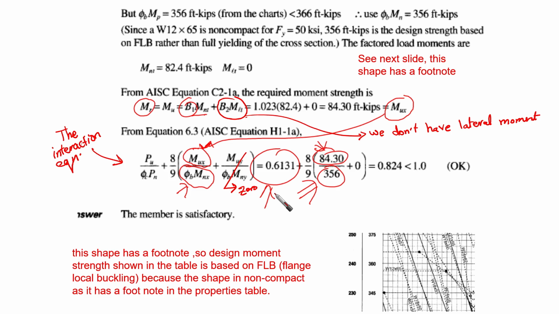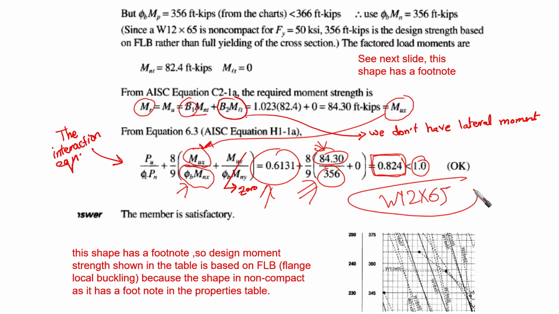Based on this, if we substitute in this equation, you can find that it equals 0.824, which is less than 1. This means that this member, or this W12 by 65 wide flange, is adequate. Okay, remember that this cross section, the shape, has a footnote.